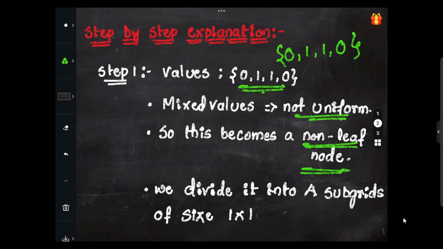In this case we have mixed values, so this is not uniform and becomes a non-leaf node.